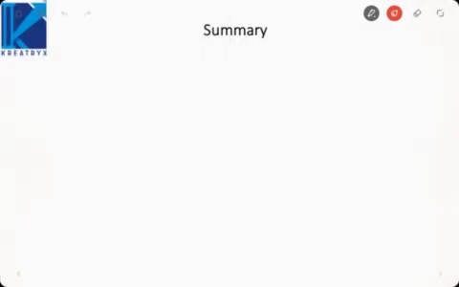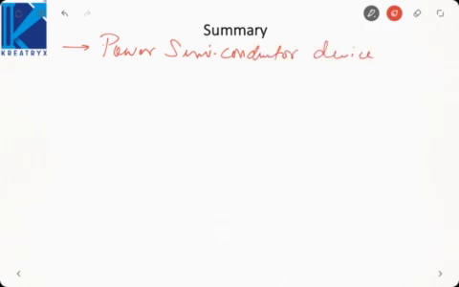So let me summarize what we covered in this lecture. We first saw what is meant by power semiconductor devices, and I told you they operate as switches and not in the active mode. Then we saw what is meant by an ideal switch and a real switch. We compared the characteristics of both.